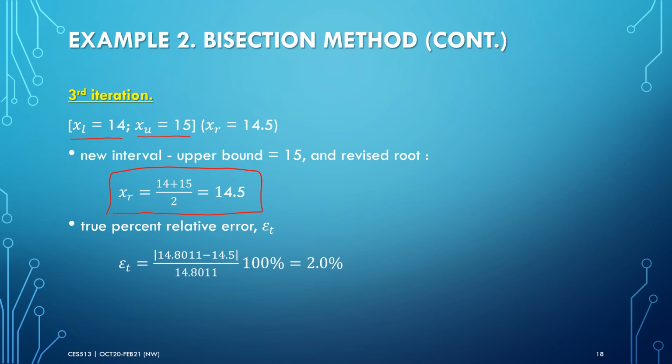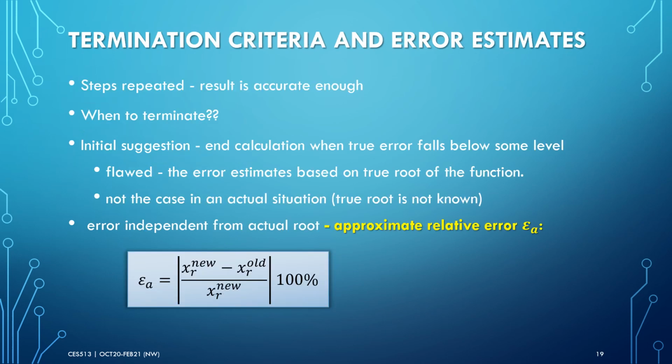And the true percent relative error, as usual, is the true value of x minus the estimation, divided by the true value, multiplied by 100, we will get 2.0%. And the method can be repeated until the result is accurate enough to satisfy our need.